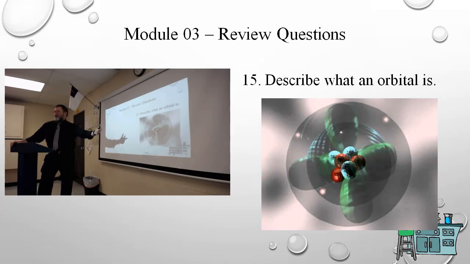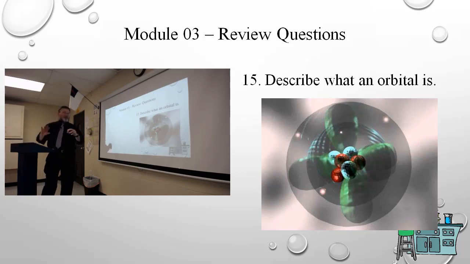I hope you think of this picture whenever you think of orbitals. An orbital is a region in space where an electron is most likely to be found. Will it necessarily be found there? No. The probability of it being there is very high, and the probability of it being somewhere else is much lower.